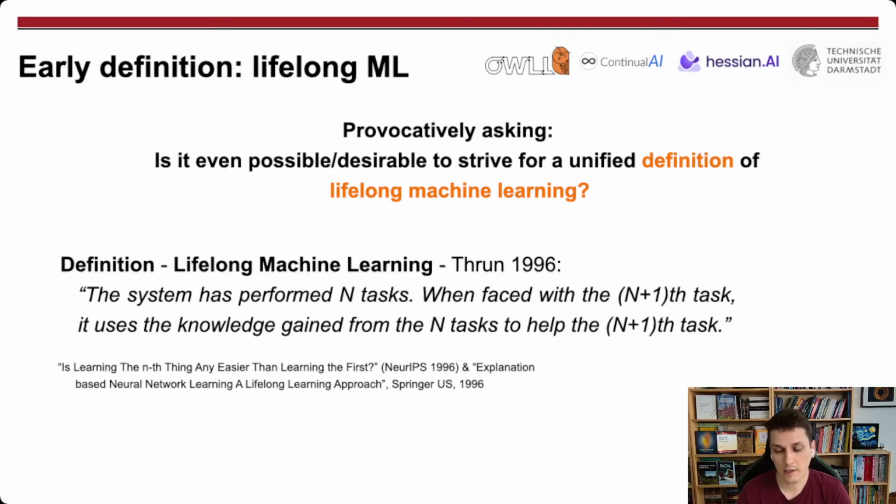Already in lecture 2, before listening about all these perspectives, we've concluded ourselves that while this definition has some interesting elements in terms of leveraging the knowledge gained from previous tasks, it leaves a lot of room for exploration and a lot of room for ambiguity.